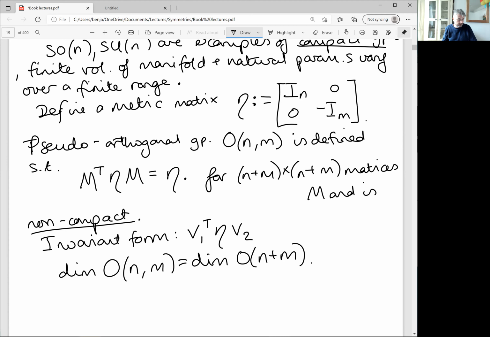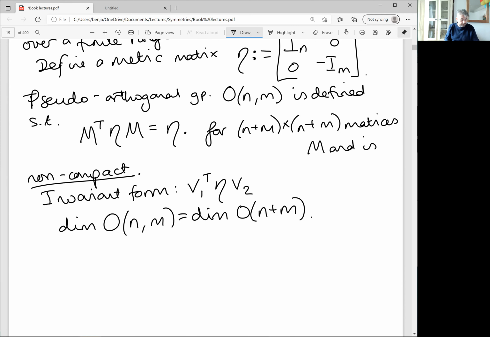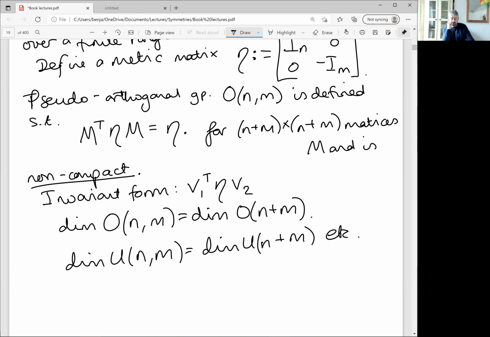The pseudo-unitary groups are defined in an exactly analogous manner, with a U dagger and the eta, and the dimension of U(n,m) is the dimension of the unitary group of n plus m.